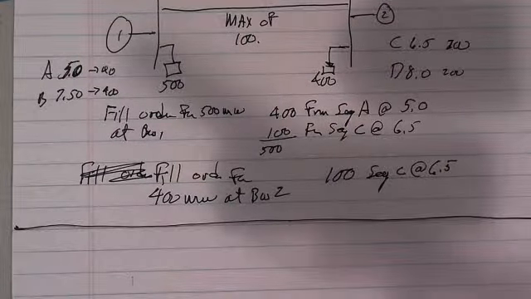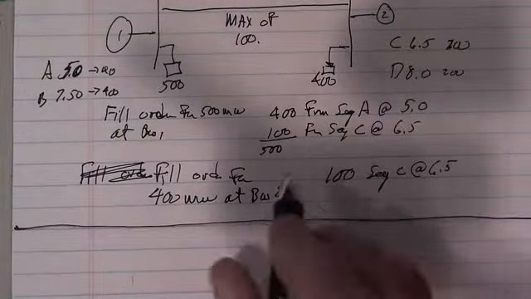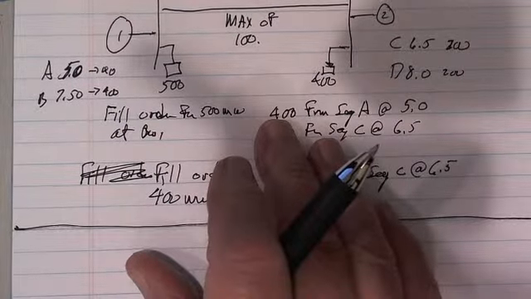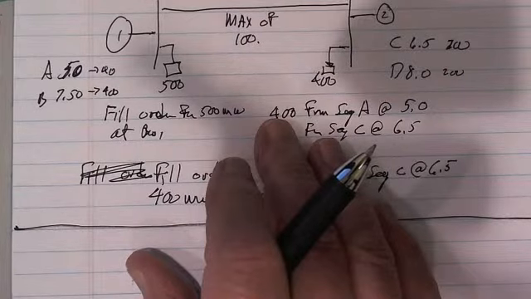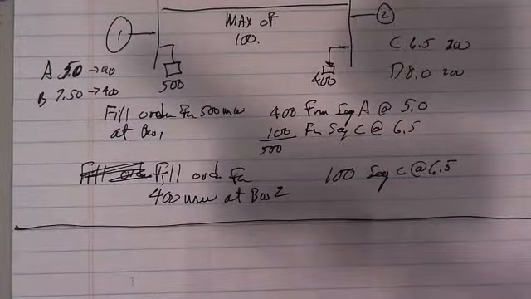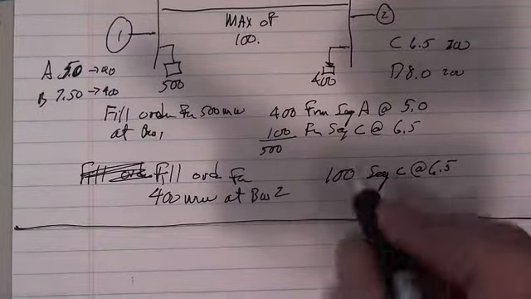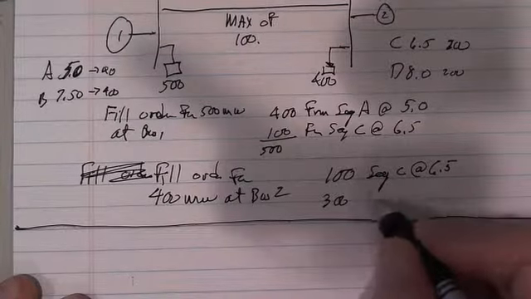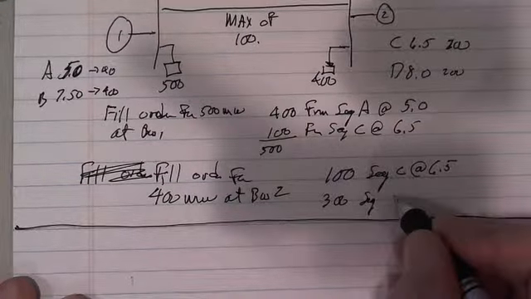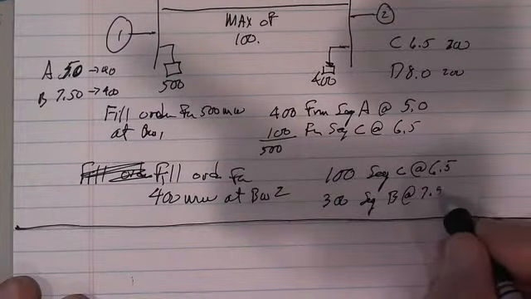Good. We're okay. But now you've got 300 more, and so he puts an order in for 300. He tries to buy 300 from segment B at 7.5.